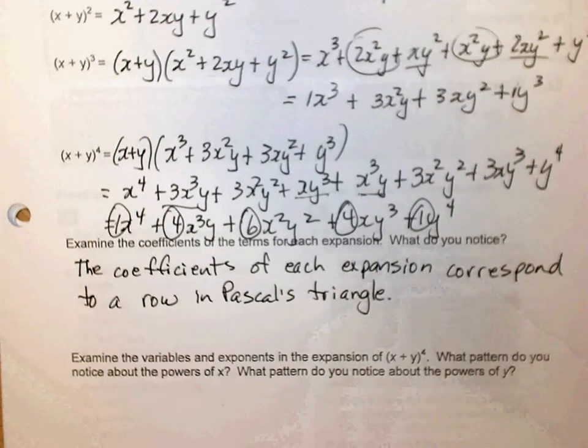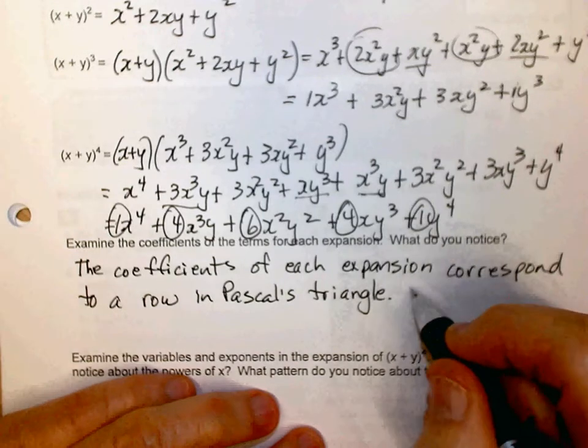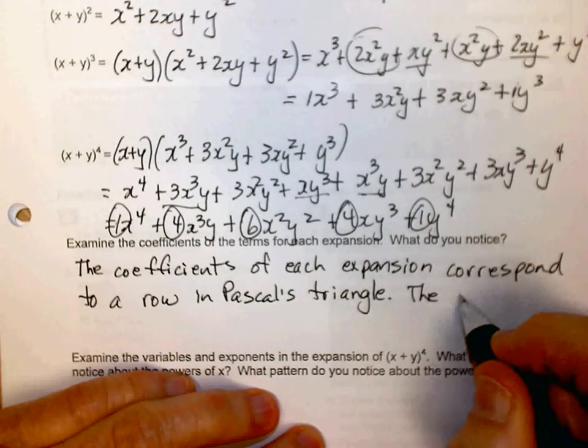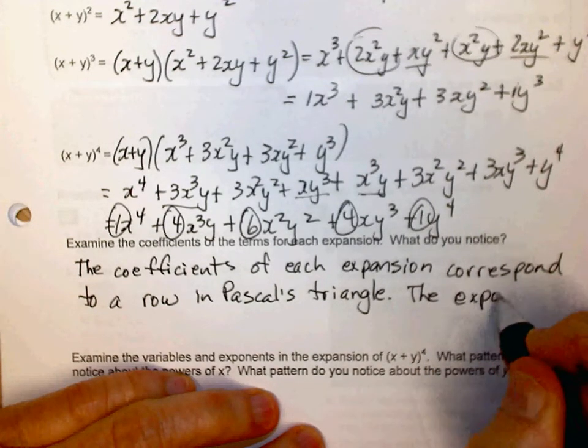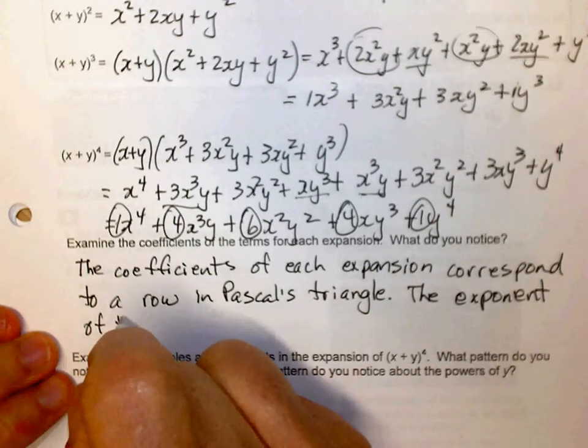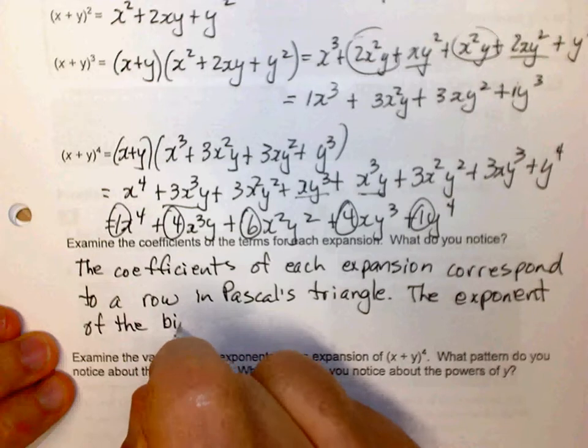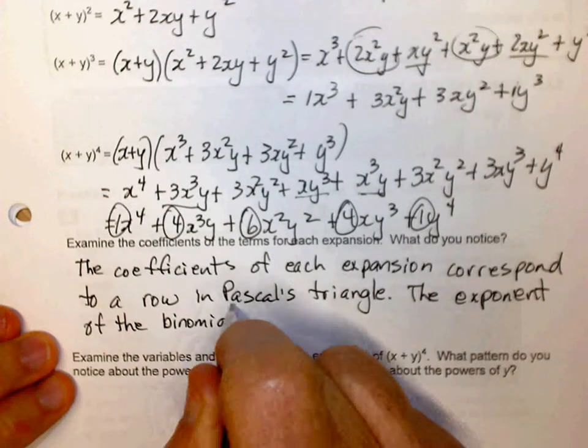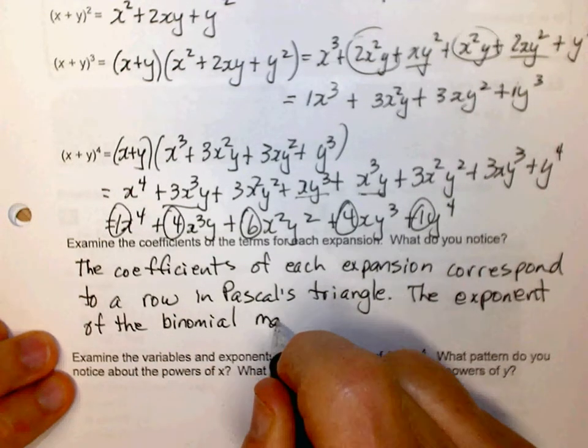The exponent of the binomial matches the row number.